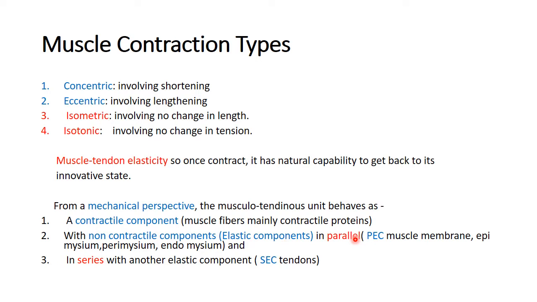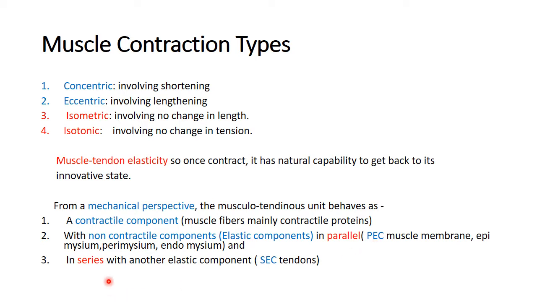One is present in parallel to the contractile component, and that is called PEC. P means parallel elastic component. These may be the muscle membrane, epimysium, perimysium and endomysium. So these are the elastic components which are present in parallel, and in short it is known as PEC.